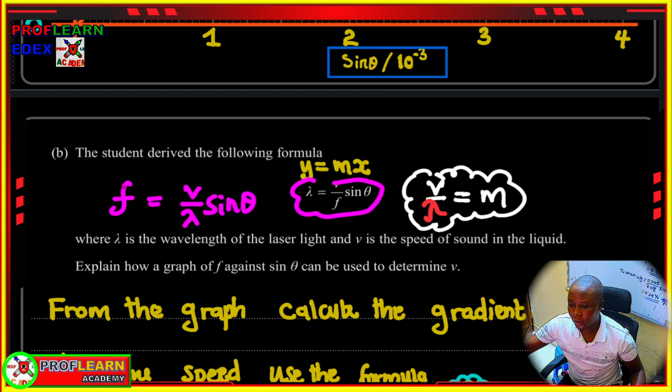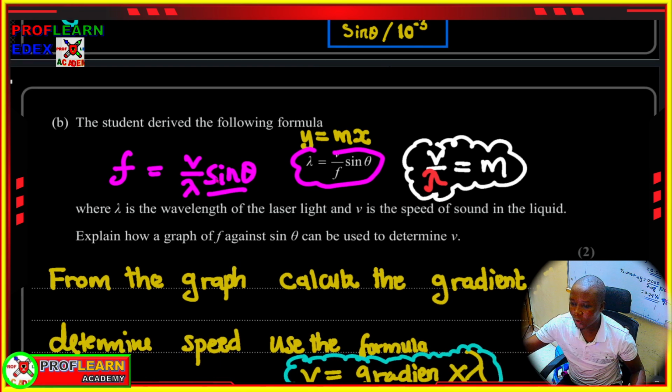So if you plot a graph of f against sine theta, then v over lambda is going to be our gradient. So this part that is here represents the gradient.